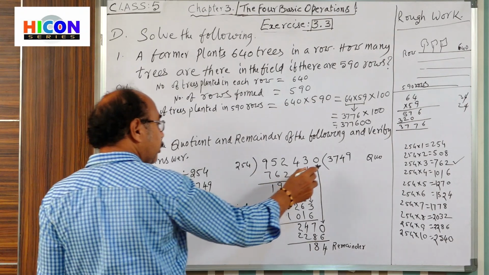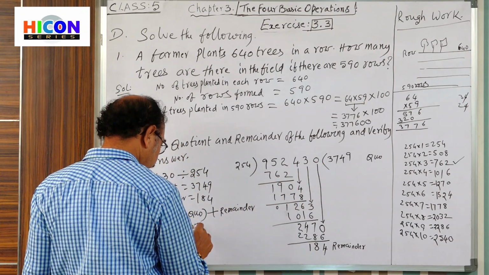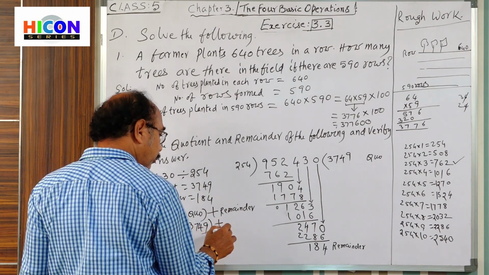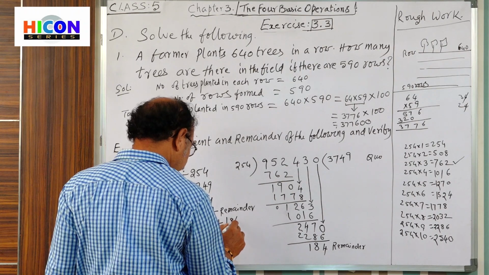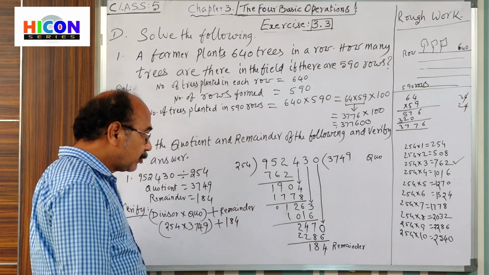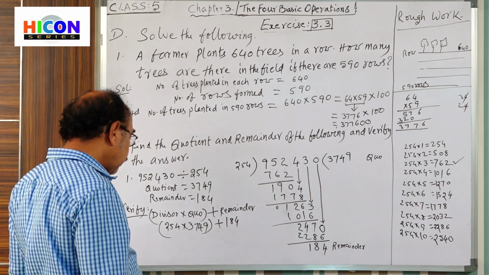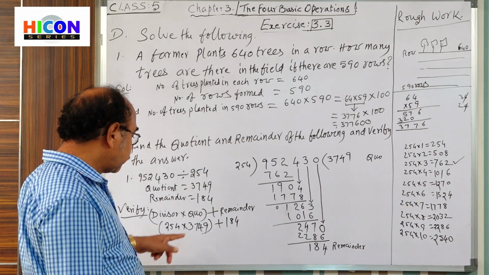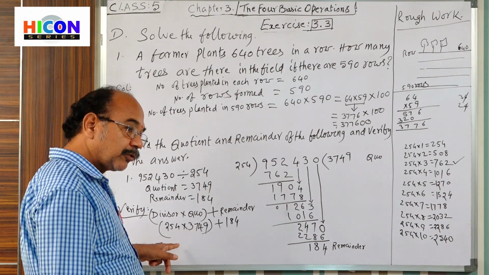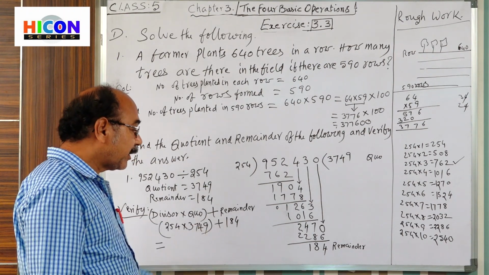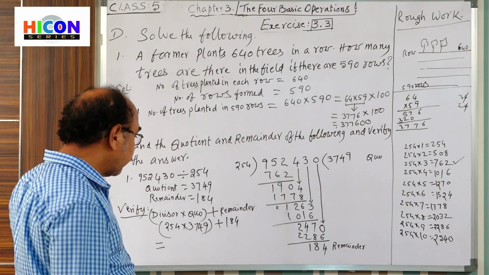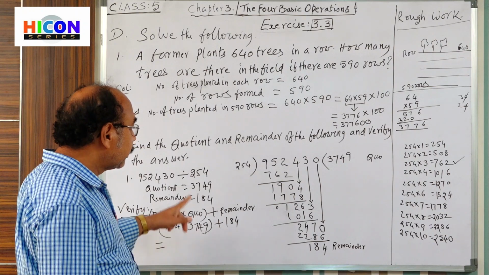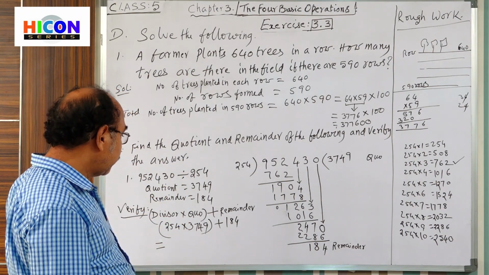What is the quotient? 3749. Multiply these two, after that add the remainder. What is the remainder? 184. Okay, children, so multiply 3749 into 254, to that add 184. Then you will get the dividend.